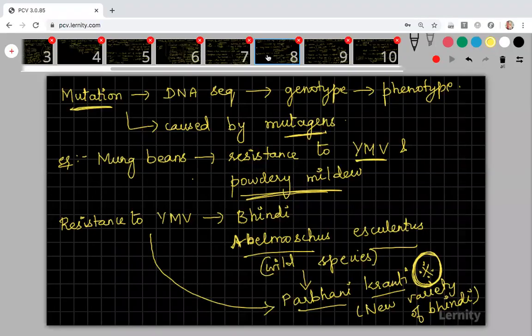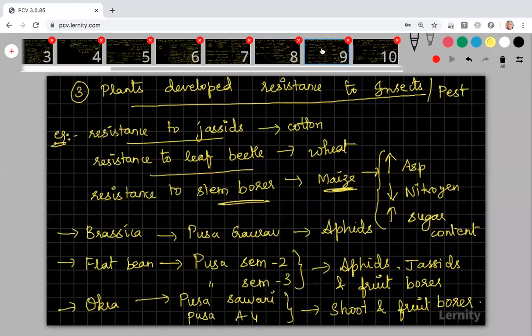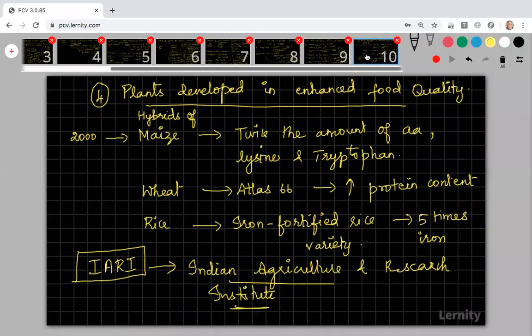This is the 9th. And this is the last one, the 10th slide.